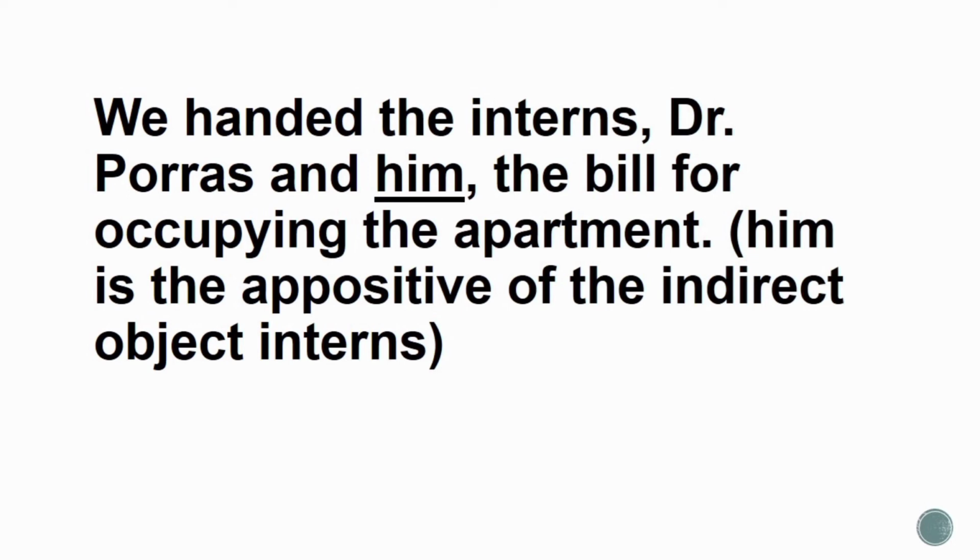So if there is a pronoun for the indirect object, that would be in the objective case. But in this case, interns is not a pronoun, but rather it has an appositive, which is Dr. Porras and him. So naturally, the appositive for this indirect object would also be in the objective case.